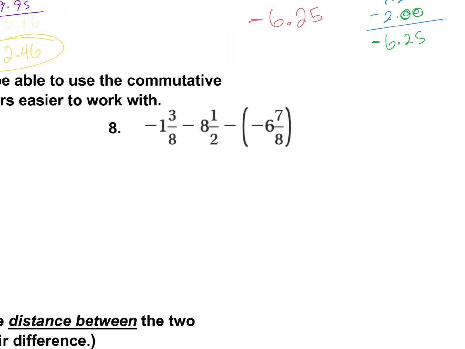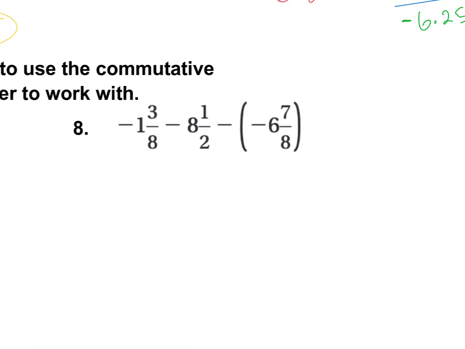How about this one? Oh, brother, it looks awful, but wait. We have an 1/8 right here and an 1/8 right here. Let's combine them. Negative 1 3/8, and then negative 6 7/8. Yep, we said 6, 7. That's crazy, huh?